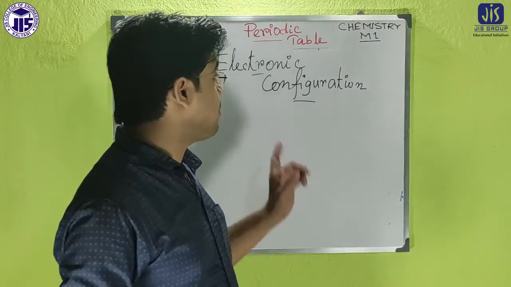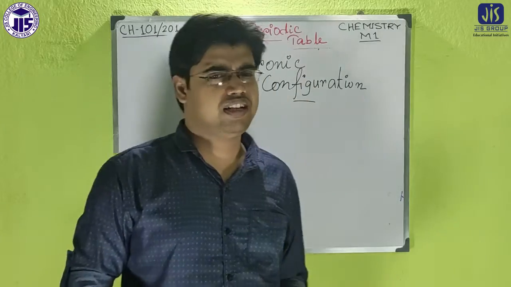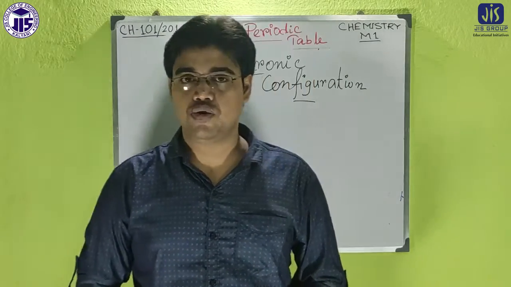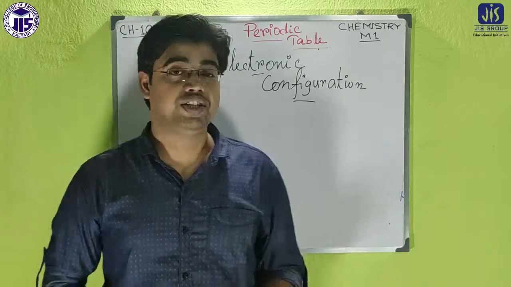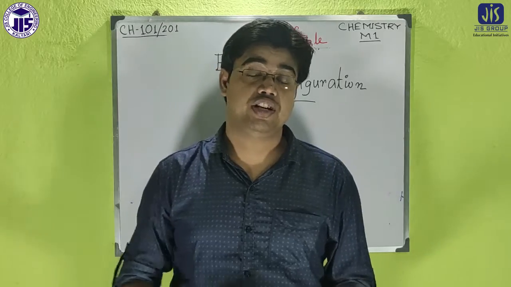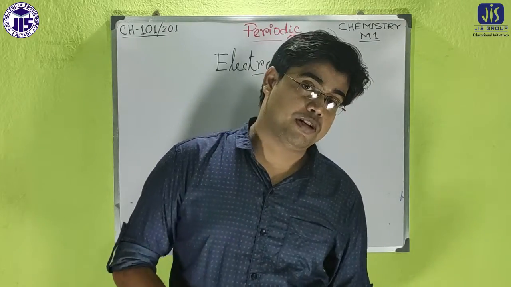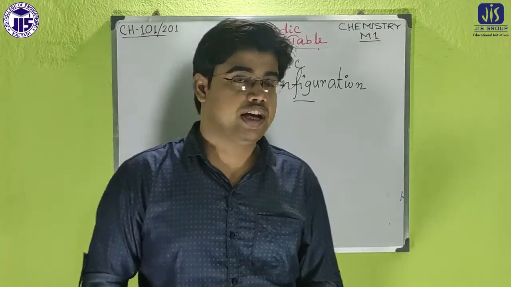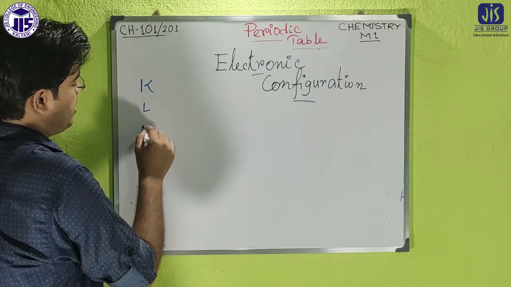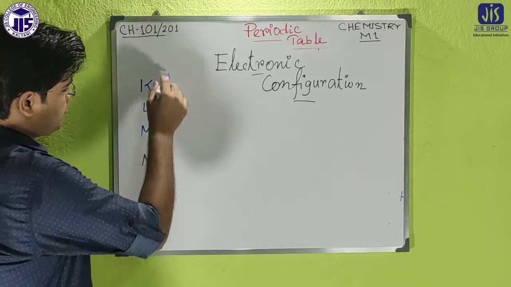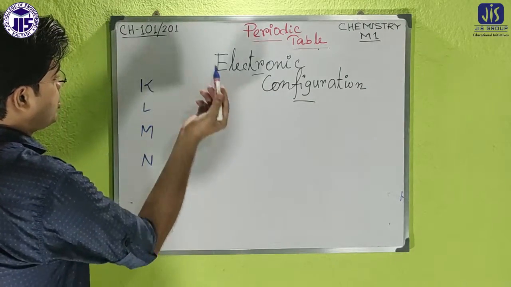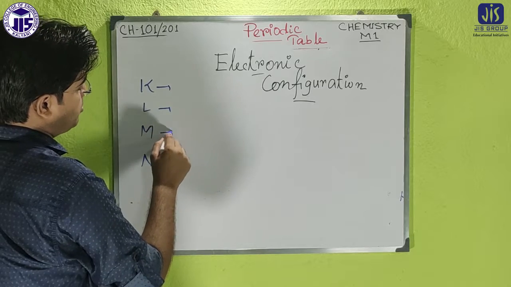So now we'll discuss the electronic configuration. I think many of you know the electronic configuration, that's good. If you don't know, then check here how we can give the electrons for each and every individual subshell from the shell. From the previous class, you know K, L, M, N are the corresponding orbits, and for each orbit there are some subshells.